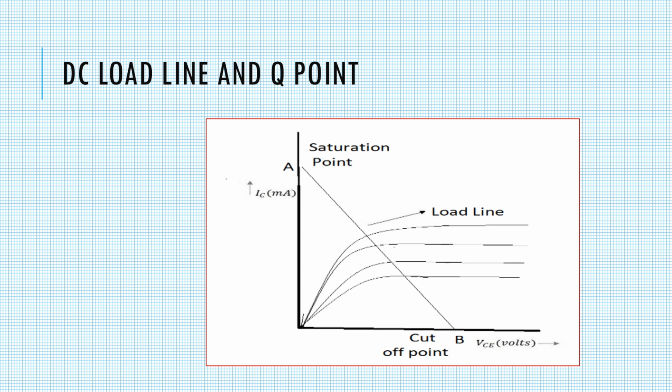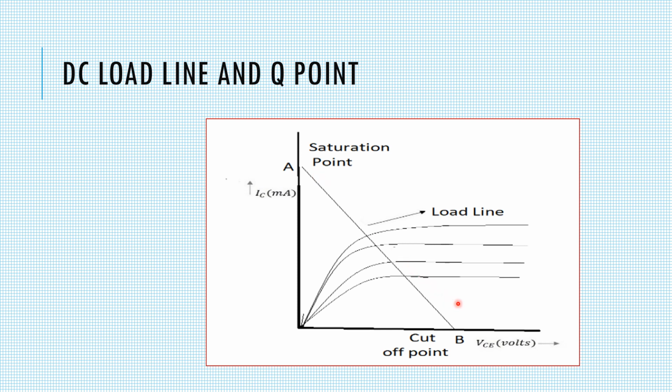Let us see another very important point, which is called DC load line and Q point. Here we have a load line diagram for a resistive load in a common emitter circuit.